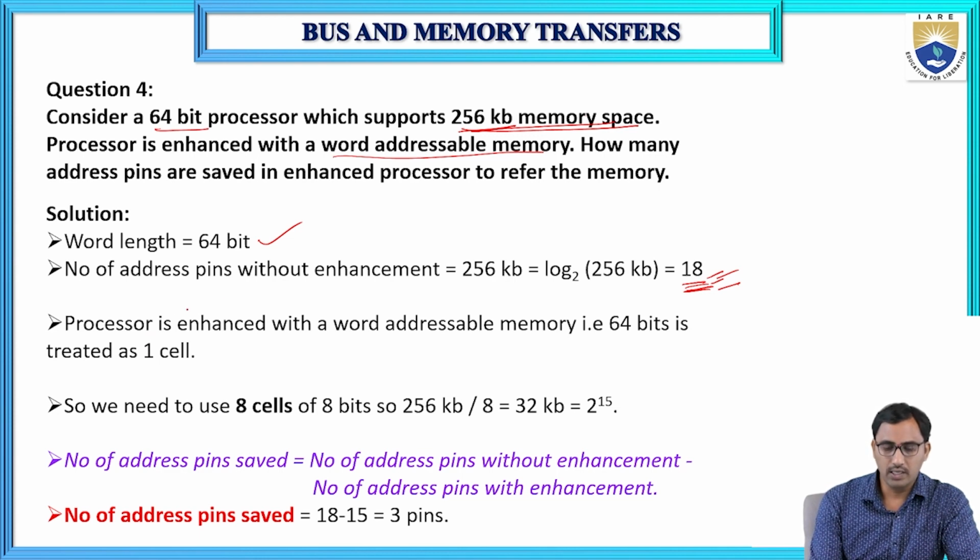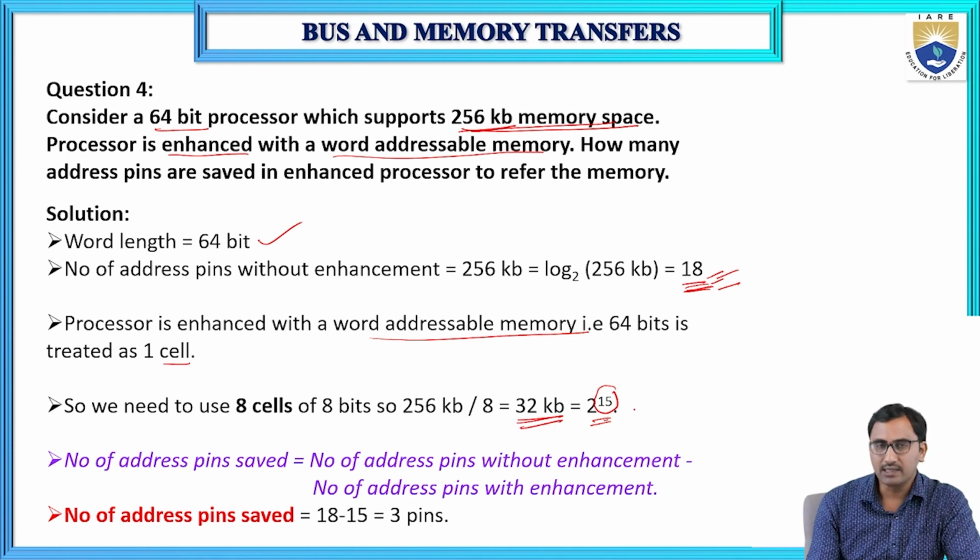Okay. So here in the problem they mentioned the processor is enhanced with a word addressable memory. 64 bits is treated as one cell. So we need to use 8 cells of 8 bits. So 256 kilobytes we are converting into bytes by dividing by 8. That means 32 kilobytes, which is equal to 2 power 15. So 15 address lines are required to access 32 kilobytes of memory.